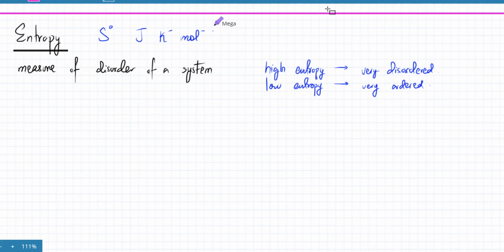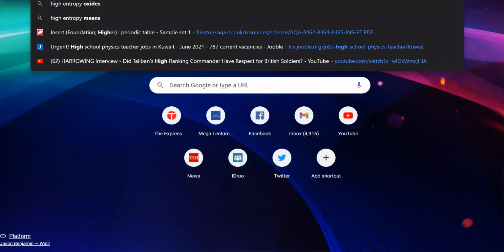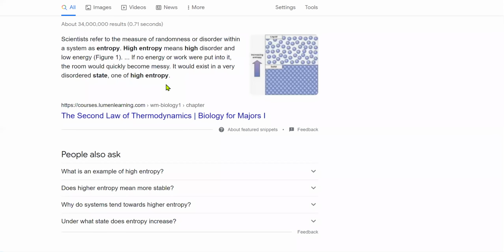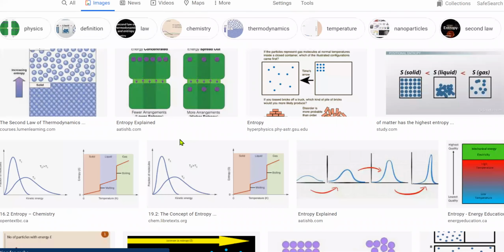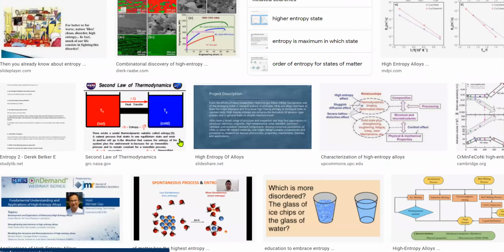Let me just copy one diagram if I can locate it. High entropy state.